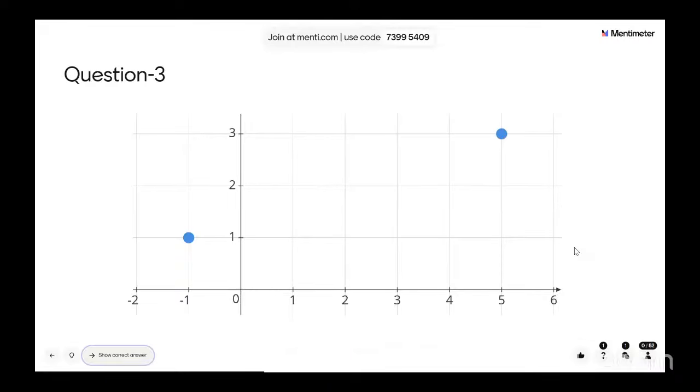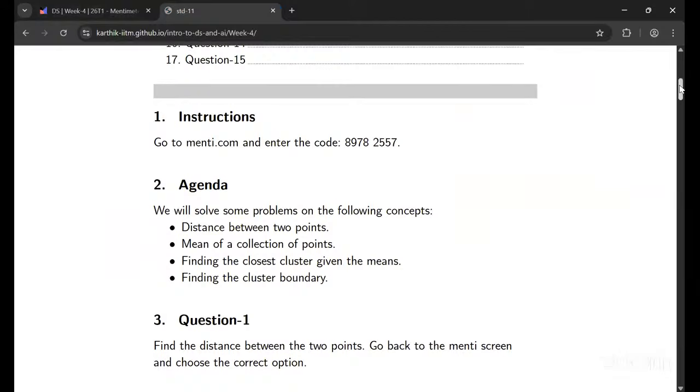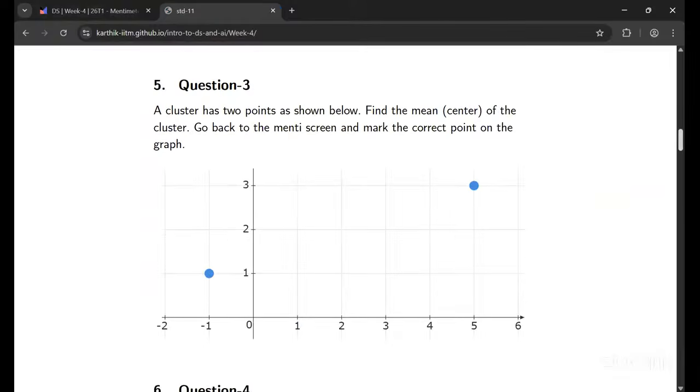So let me just show you question number 3. So this is a question number 3 and you have these 2 points on your screen. So you basically have to find the mean of this cluster. So this is one cluster with 2 points and you need to give me the mean or the center of this cluster.